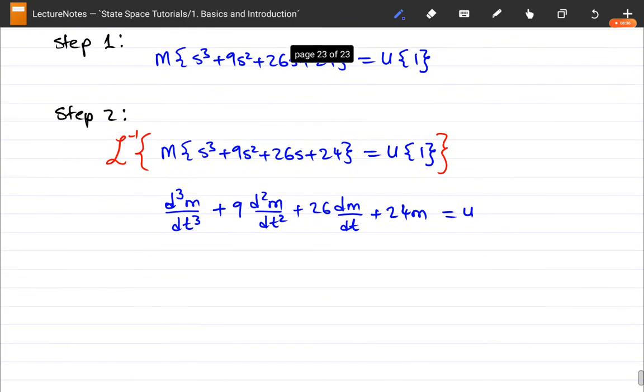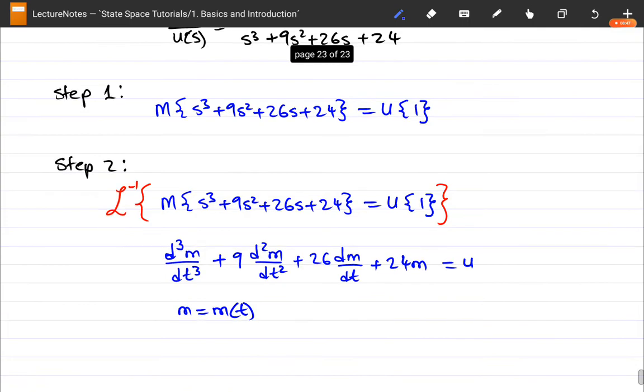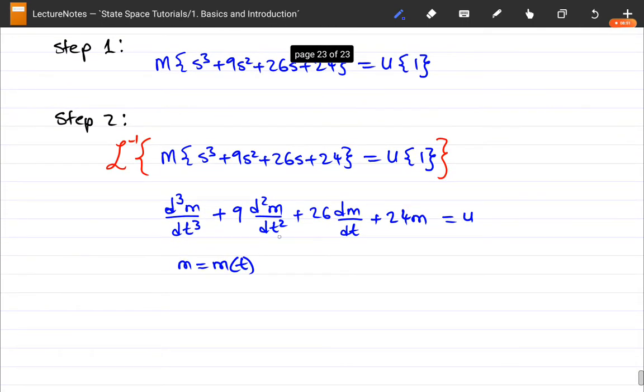I should point out that m is just m of t, which means m as a function of time, because we've just converted from the frequency domain to the time domain. And u is also a function of time, for those for whom it wasn't clear.